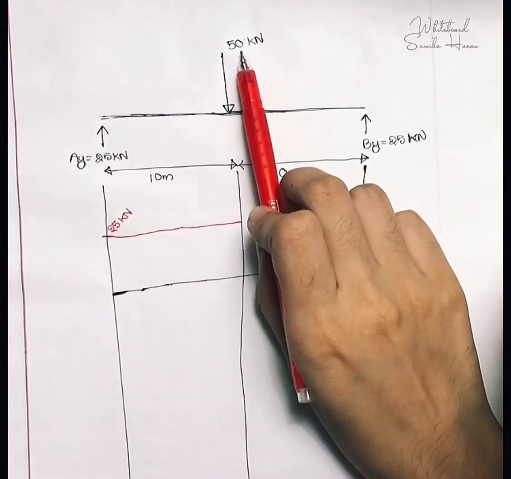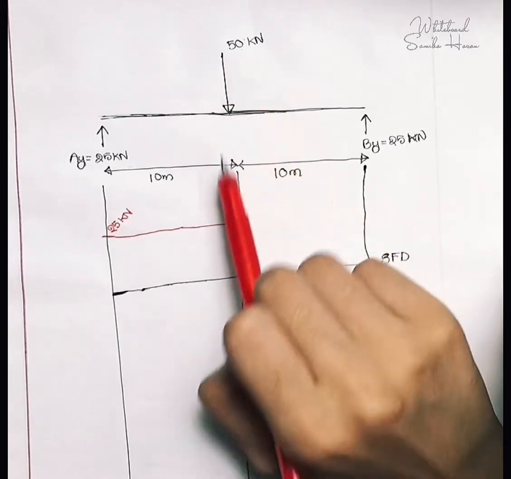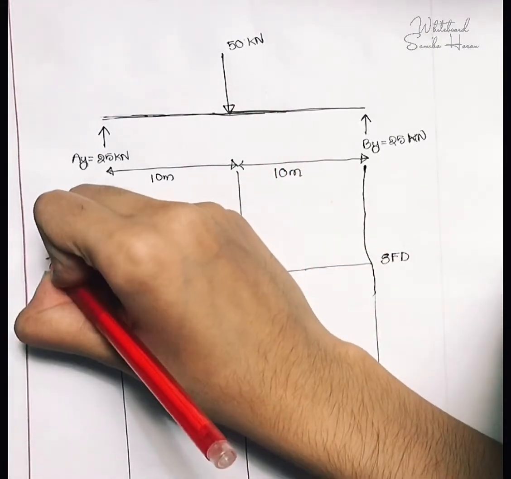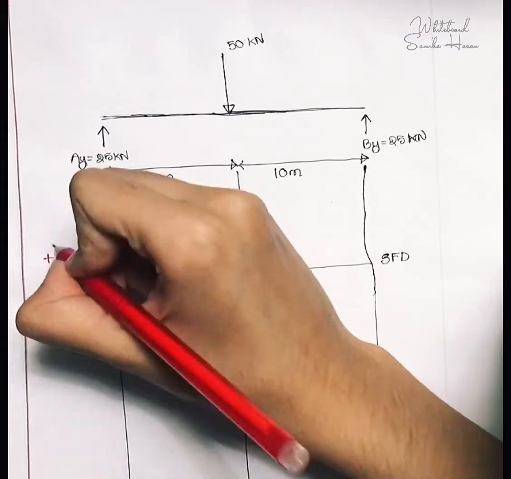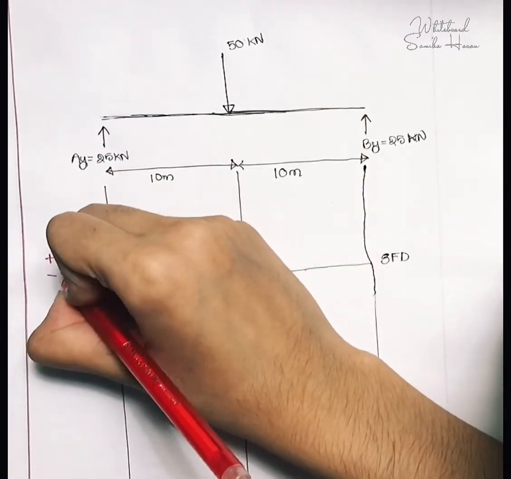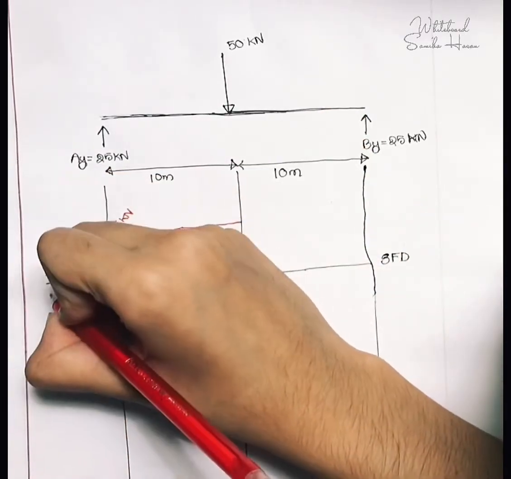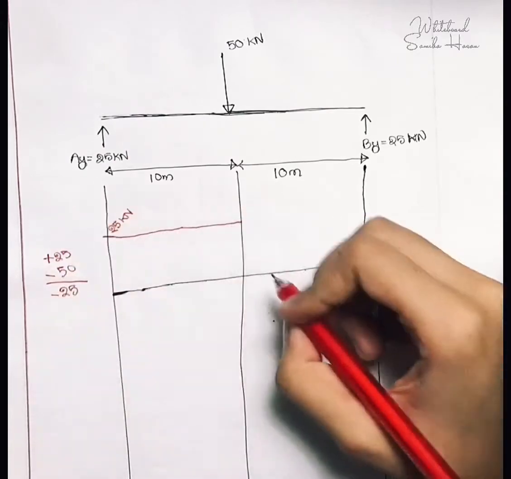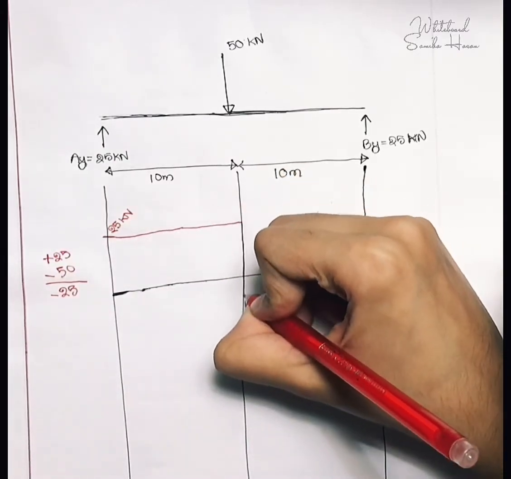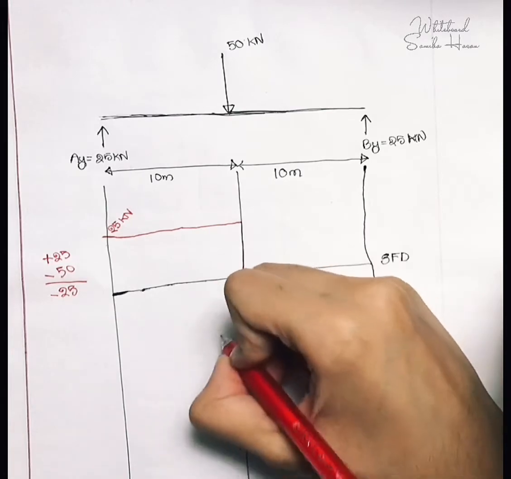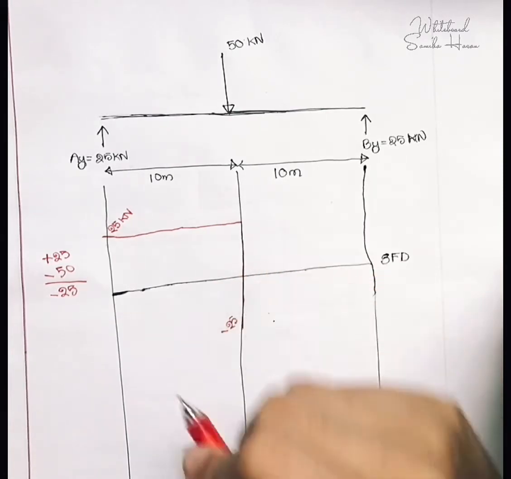Then I have a 50 kilonewton force going downwards. I had a positive 25 kilonewton force, and then a negative 50 kilonewton force, and I'm left with negative 25. So my value will be negative 25.